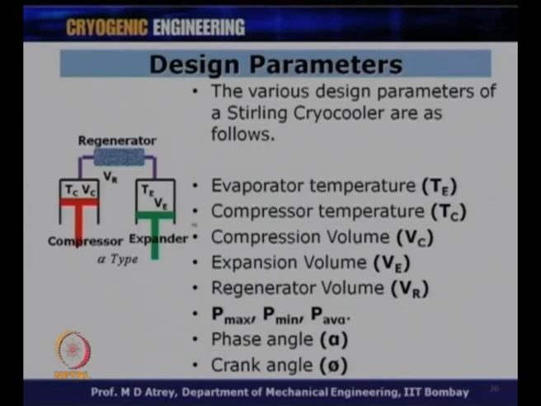If I were to design a Stirling cryocooler, I should know how much cooling is required at a particular TE, and corresponding to that, depending on all these parameters, I have to design a Stirling cryocooler. In order to take care of all these design parameters, Schmidt has given his Schmidt analysis, and this, as I said, is one of the most basic analyses used for a first guess of different dimensions in order to design a Stirling cryocooler.